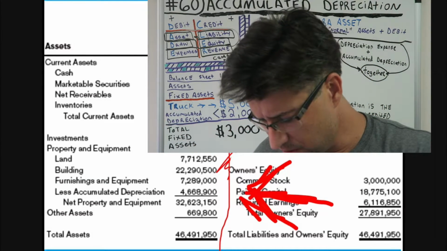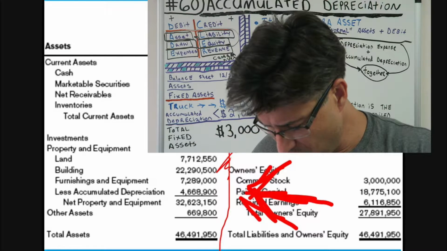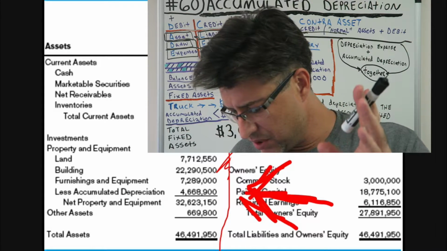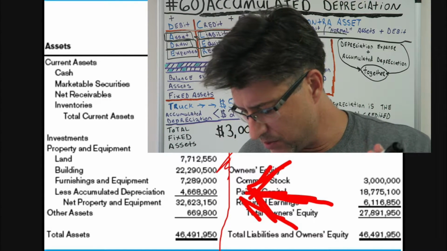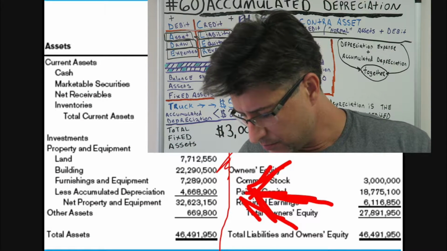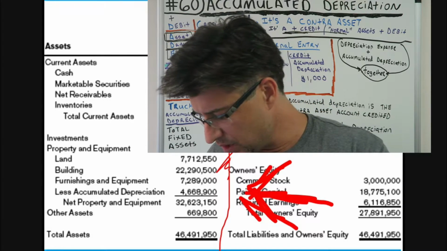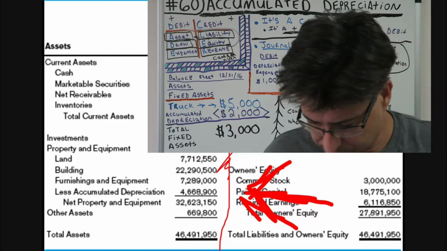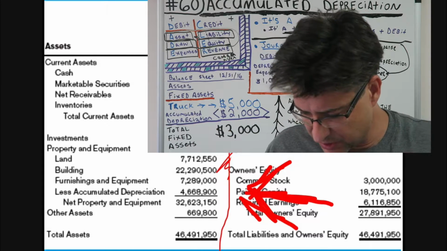They don't tally them up, but you would be able to see that the property and equipment was bought for 36 million. There is 4.5 million of accumulated depreciation. So the net is 32 million.